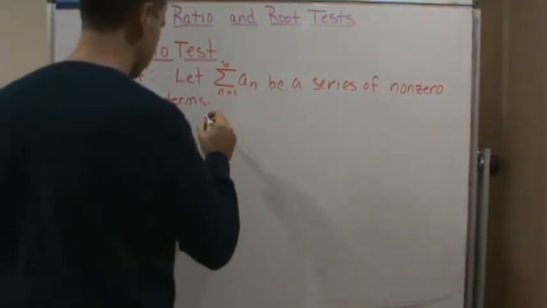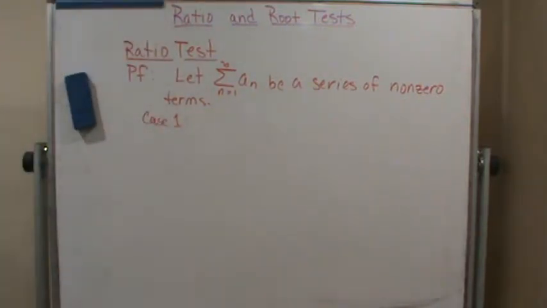Okay, so case one is where rho is greater than or equal to 0 and less than 1. Since we're assuming the series is a series of non-zero terms, being greater than or equal to 0 is true.